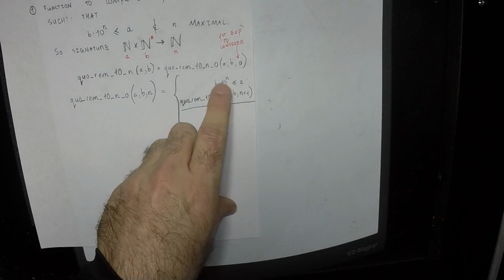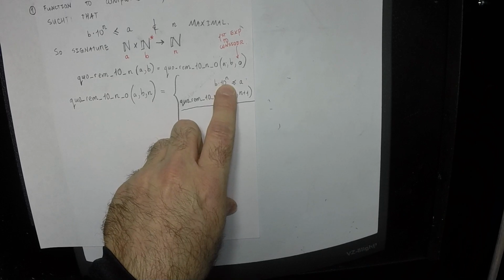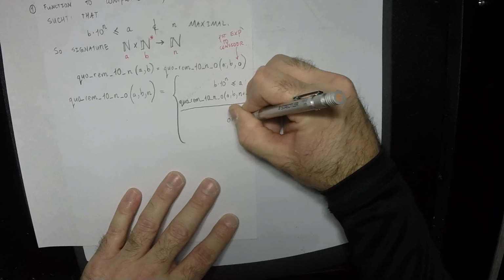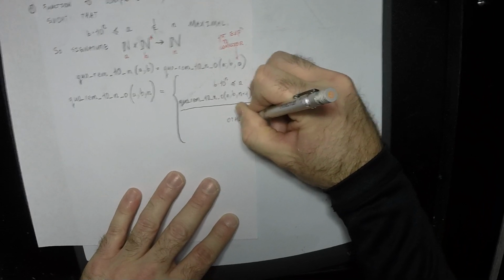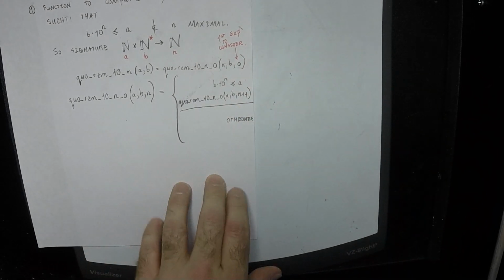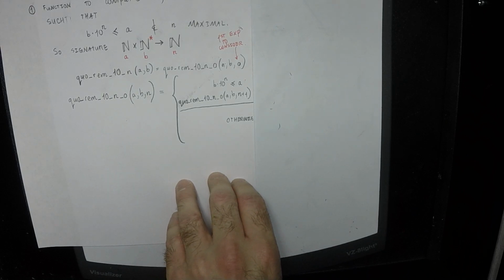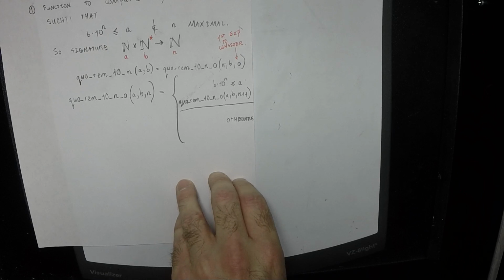Okay, so supposing that's false, that's the case where we can actually compute the answer. What's the answer? It's not n.